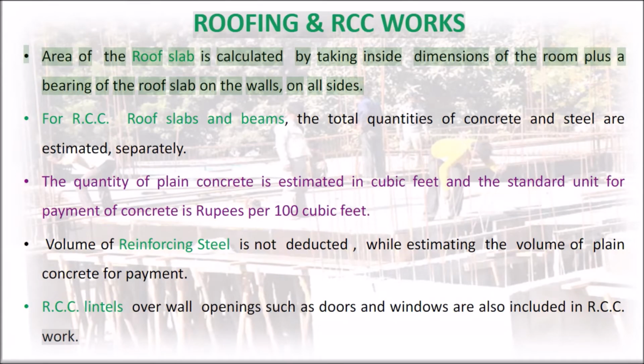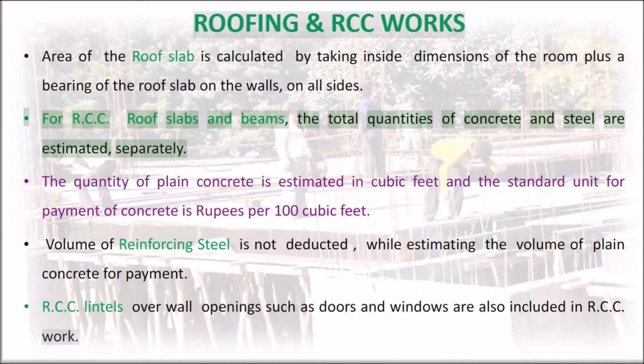Area of the roof slab is calculated by taking inside dimensions of the room plus a bearing of the roof slab on the walls, on all sides. For RCC roof slabs and beams, the total quantities of concrete and steel are estimated separately.